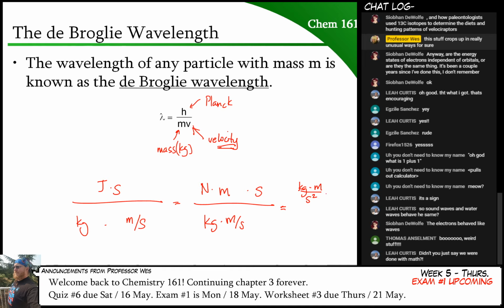I'm going to times that by this meter right here, which is this. I'm going to times that by this second right here, which actually cancels this one. And then down here, I have kilogram meters per second. The kilograms cancel. One of the meters cancels. One of the seconds cancels. And the unit that's left over for wavelength is meters.